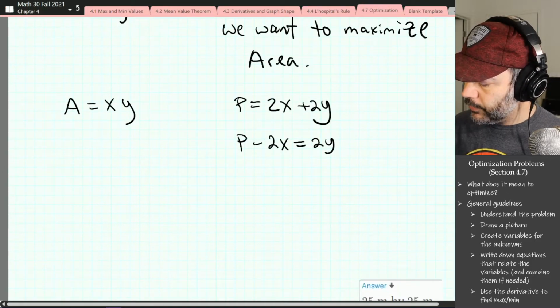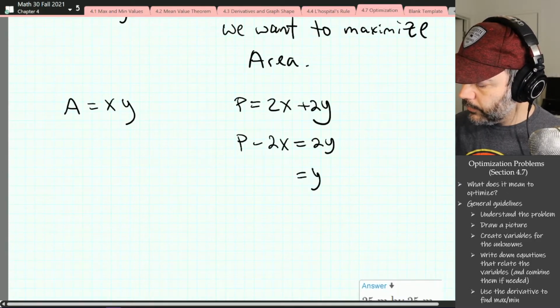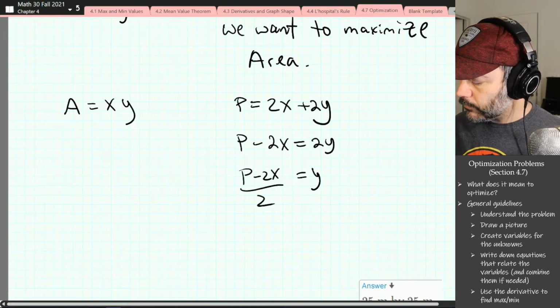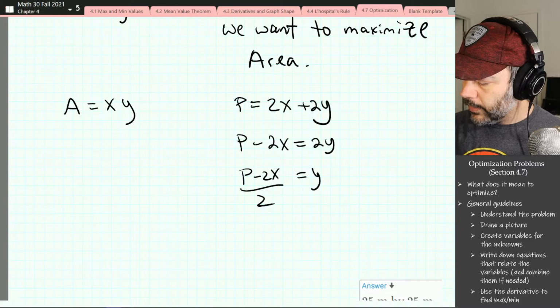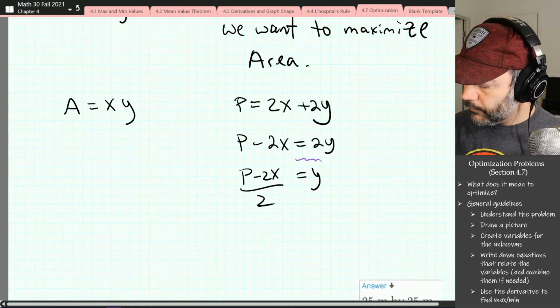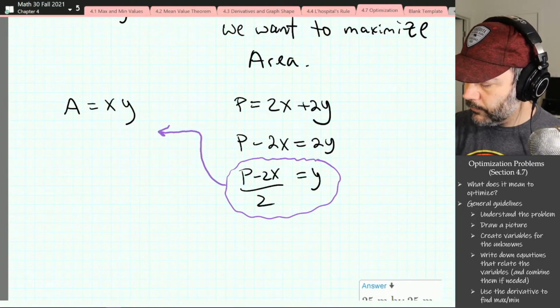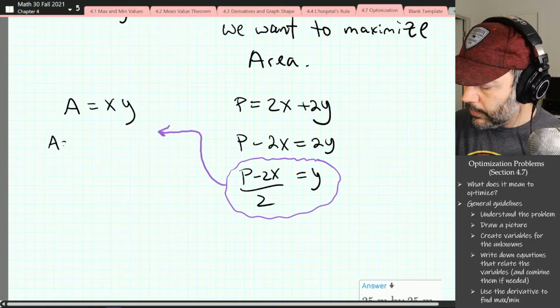Divide both sides by 2, I get y equals P minus 2x over 2. And so I can substitute that into here. A equals x.